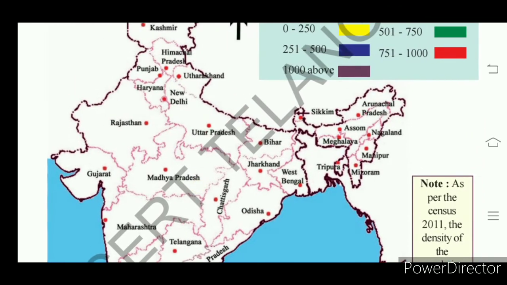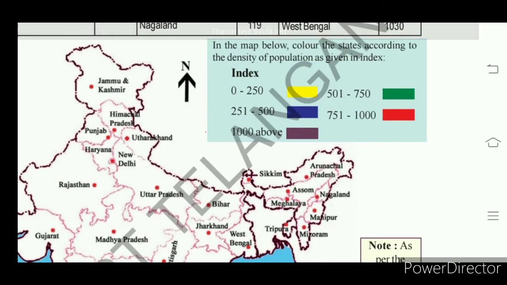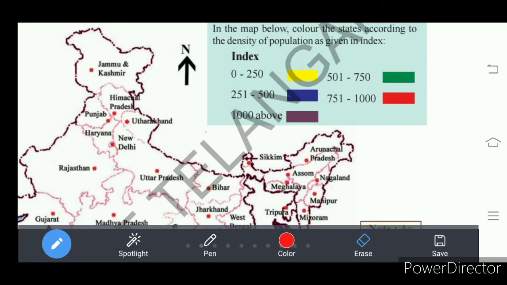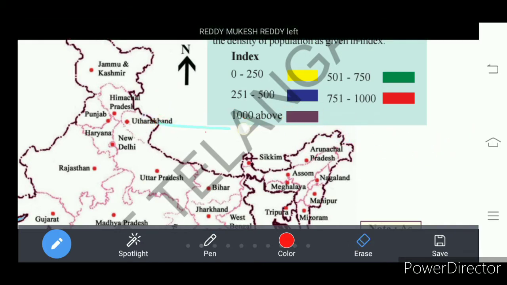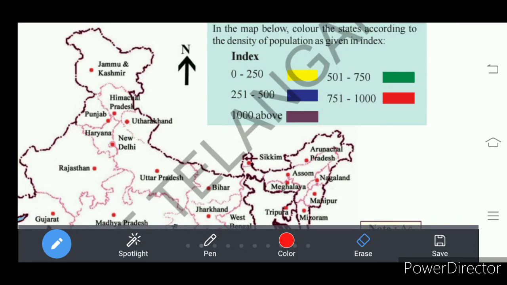With the help of the dot method. Understand? What do we have to use? The dot method. What is meant by the dot method? The dot method refers to the density of population of an area.